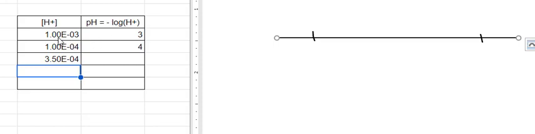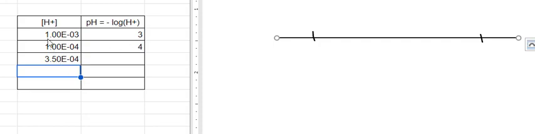So if you have 1 times 10 to the minus 3, the pH is simply that exponent, because logarithms are exponents to produce a certain number. In the example of 1 times 10 to the minus 4th, the pH is simply that exponent, in this case negative 4 multiplied by negative 1, which gives you 4.